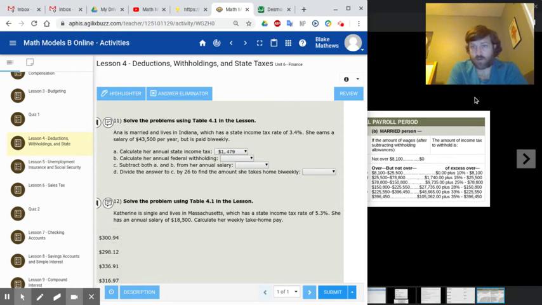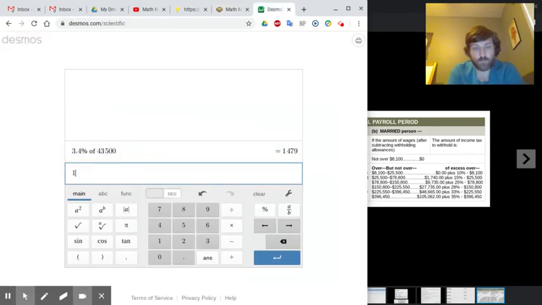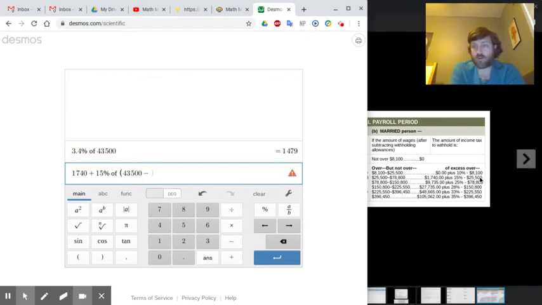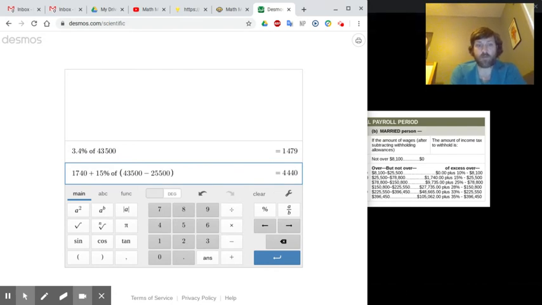So we're on the married side, and 43,500 is going to fall on this second row. So 1,740 plus 15% of her salary, 43,500, minus 25,500. Again, I'm doing this row: 1,740 plus 15% of her salary minus that amount.